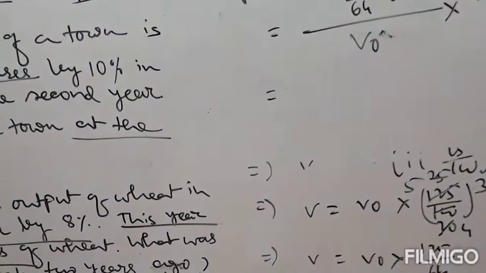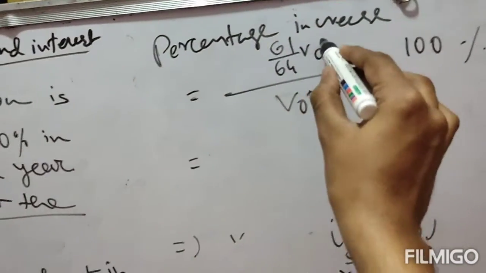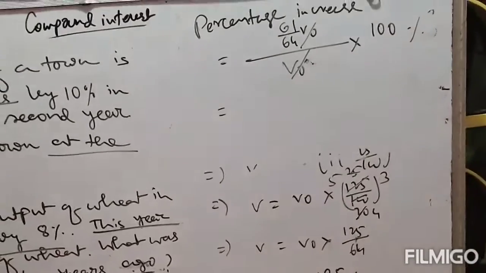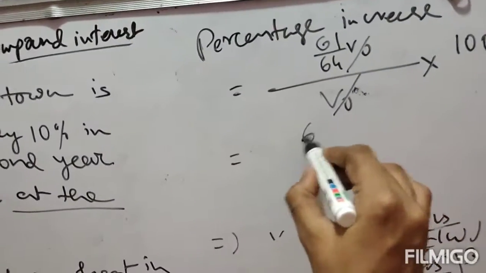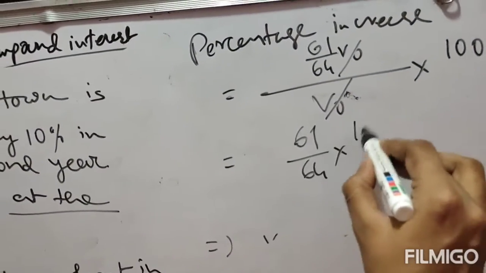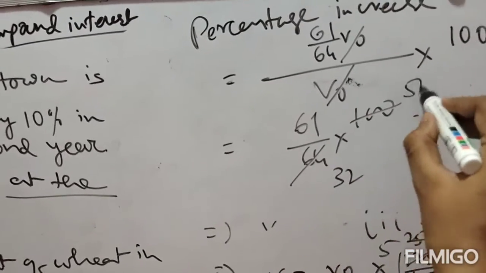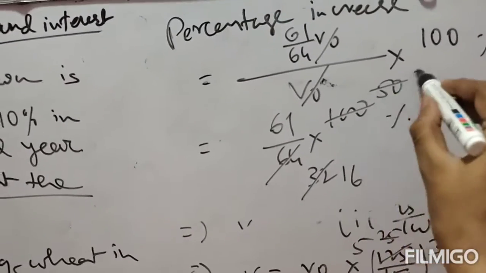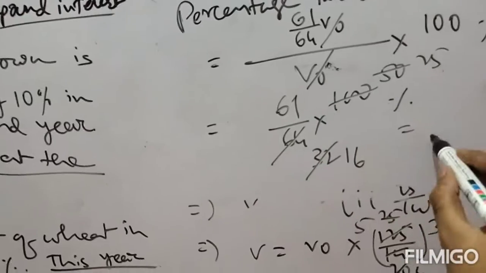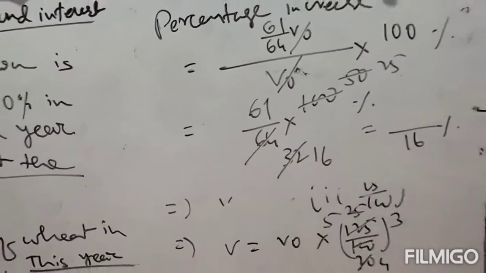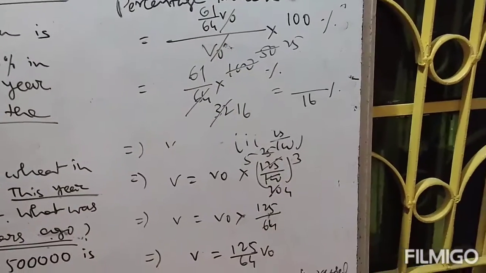So V0 will get cancelled. So 61 by 64 into 100 percent. Now this is 32, just reduce, this is 16, this is 25. So 61 into 25 by 16 percent.